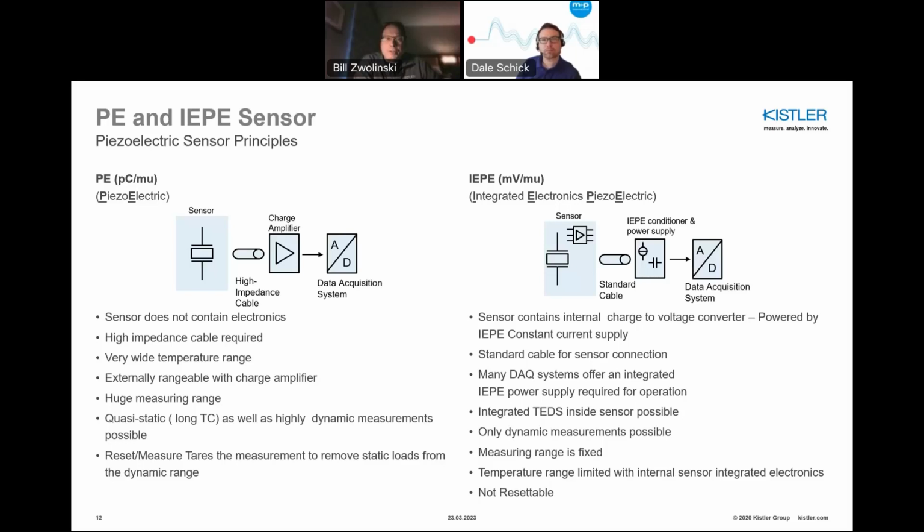We're going to talk about preloading. It's a very important part of installation of 3-component force sensors. And obviously with piezoelectric technology, you also basically get a tare of the system with regard to the static mass. So your dynamic range is really represented by the dynamic nature of your test, which is, I think, a good utilization of your dynamic range.